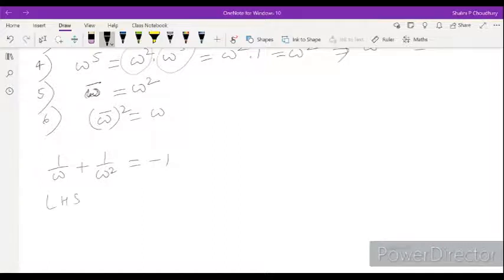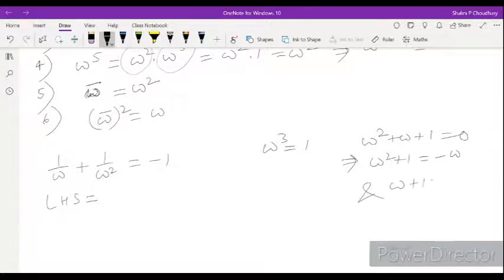LHS is equal to, since we know that omega cube is equal to 1, and omega square plus omega plus 1 is equal to 0, it means 1 plus omega will be equal to minus omega square.